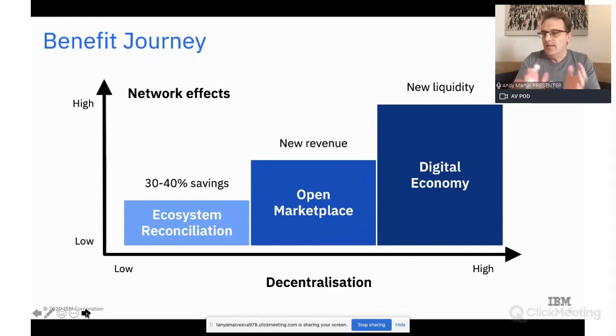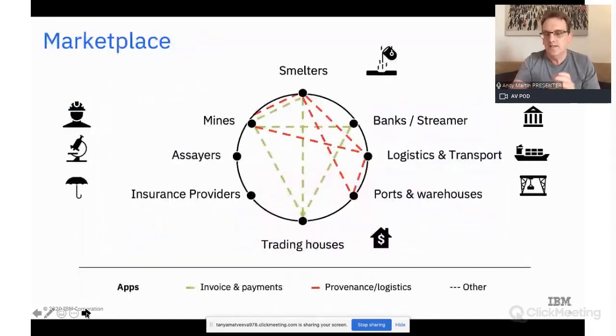So what might this marketplace look like? Well, we're going to need to decide who we need in the marketplace. We might need the mine, we might need the smelter, we might need the bank. And then the applications or the use cases that we can run on our marketplace will be a function of who is in the room.